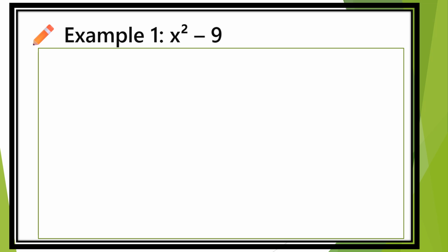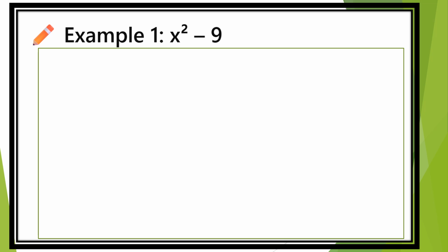Number 1, example: x squared minus 9. Is x squared factorable? Is it a square, can we get its square root? Yes, because the square root of x squared is x, since x times x. We can easily see this when the exponent is an even number like 2, 4, 6, 8, 10, so we can factor them.